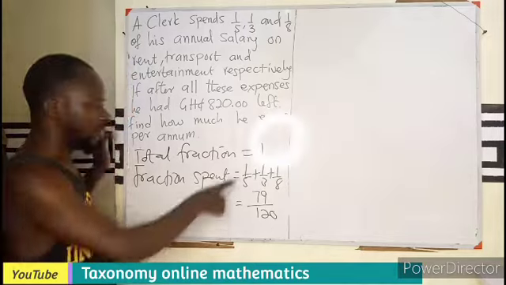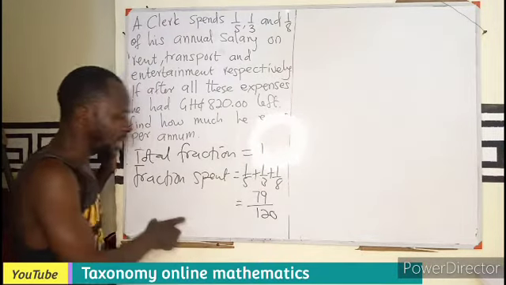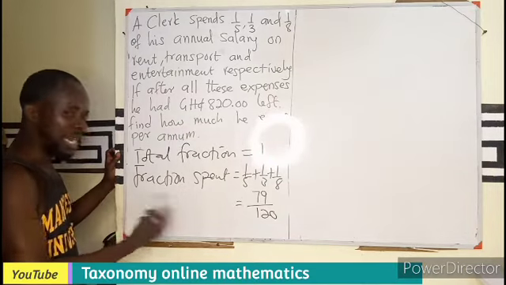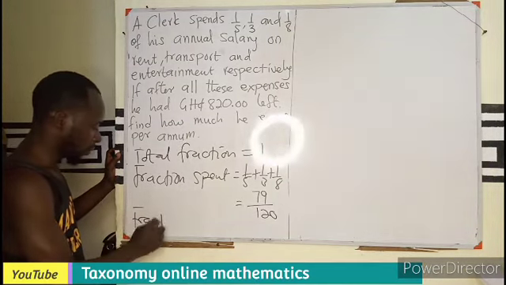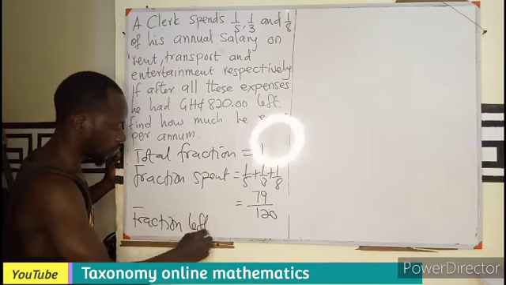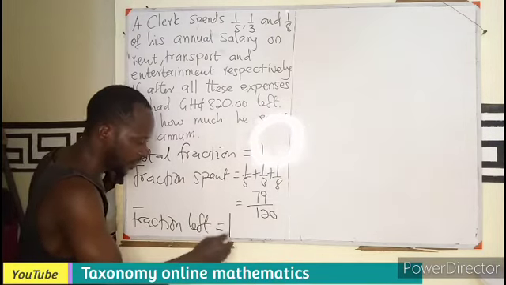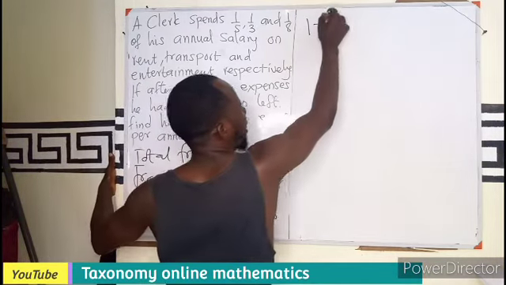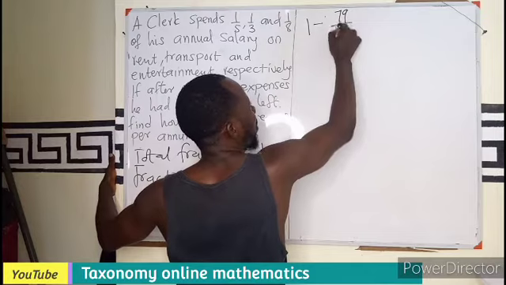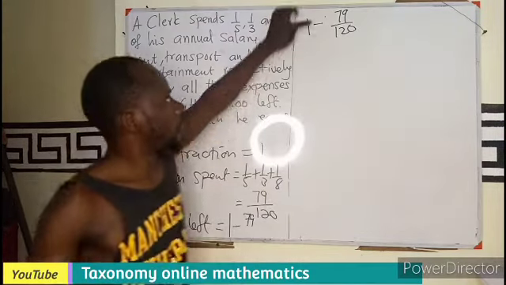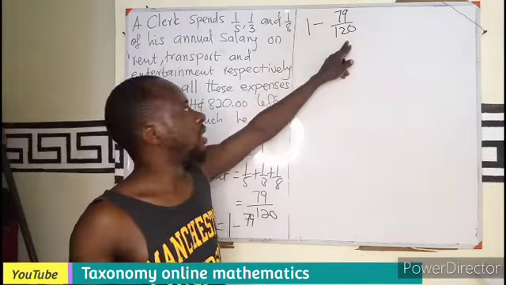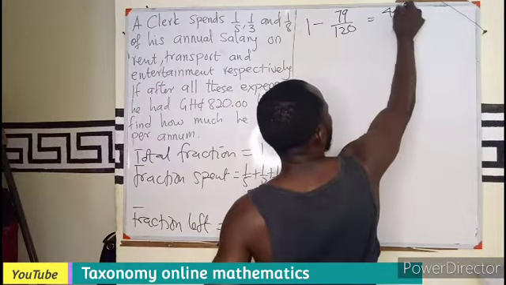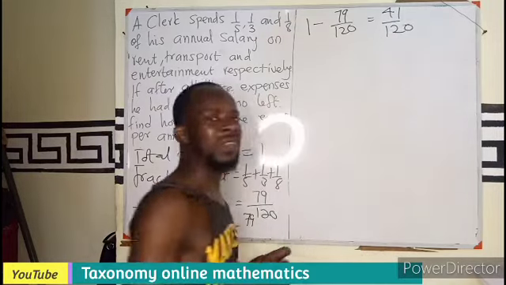Then you will ask yourself, if this is the total fraction, then what is the fraction left as the money left? So fraction left is going to be the total fraction minus 79, that is 1 minus 79 over 120. We subtract the fraction spent from the 1, and that will give us 41 over 120.